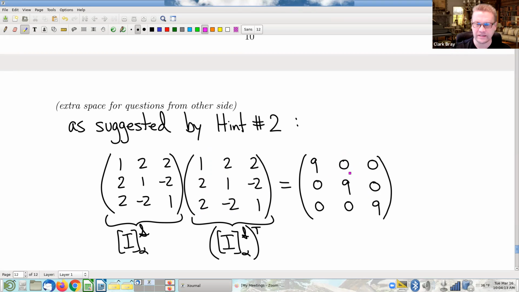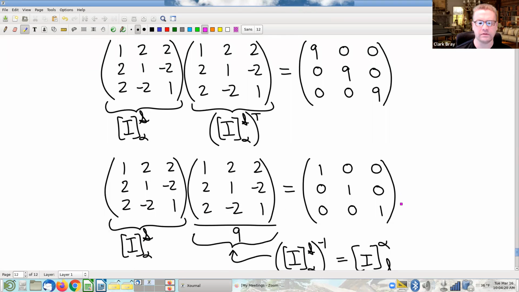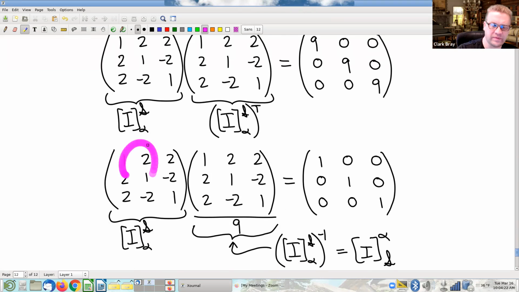But this arithmetic tells us what the diagonal product is. Now, why do we care about that? Well, keep in mind, we're looking for the inverse of this matrix here. And I see something I can multiply it by to give me 9 times the identity.